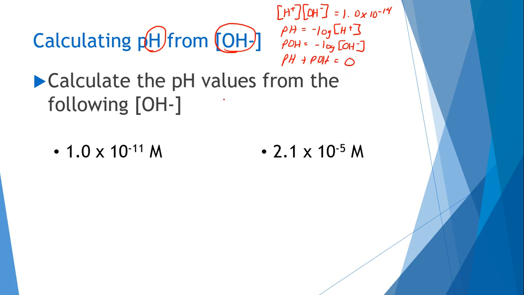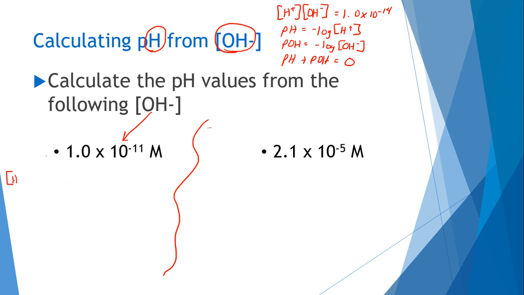So what we're going to do is we're going to do the left one, we're going to solve one way, and the right one, we're going to solve the other way. So here on the left-hand side, we're going to solve the first way to show you that one again. So we can say, this is my OH concentration.